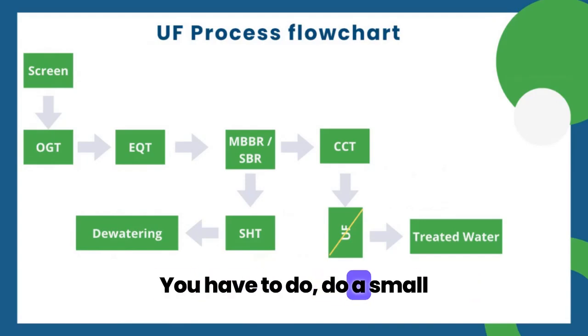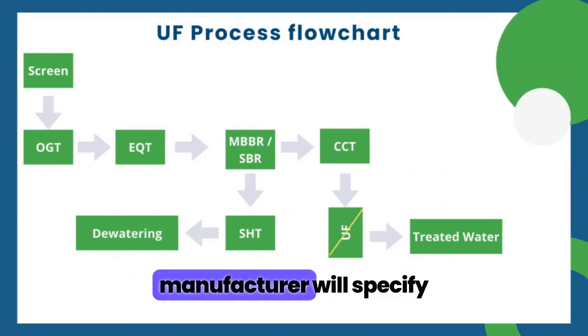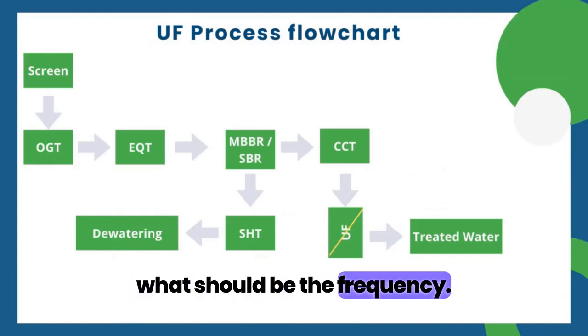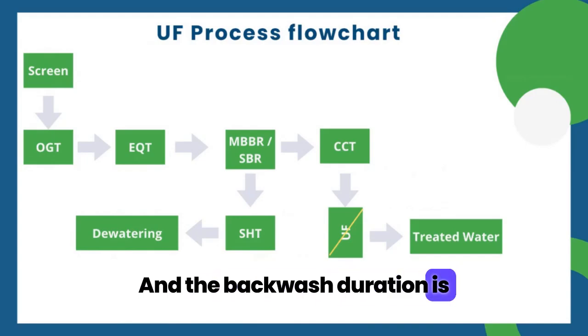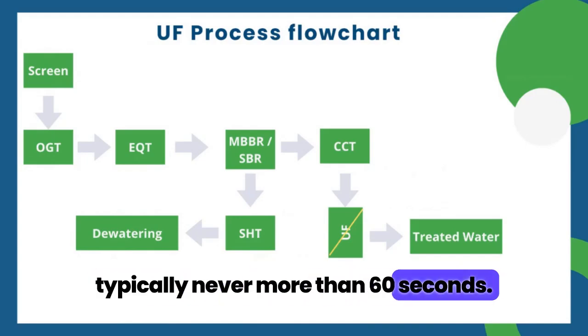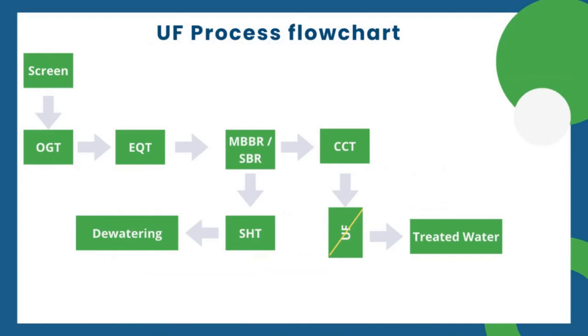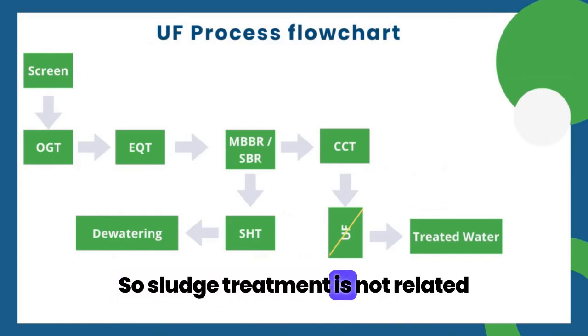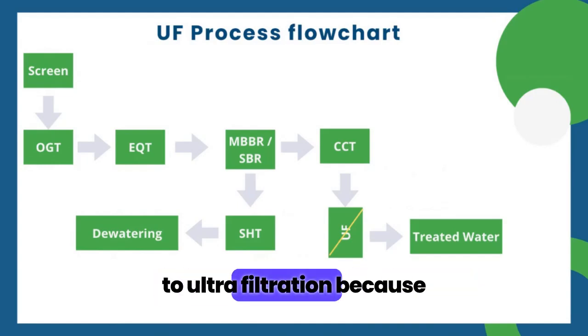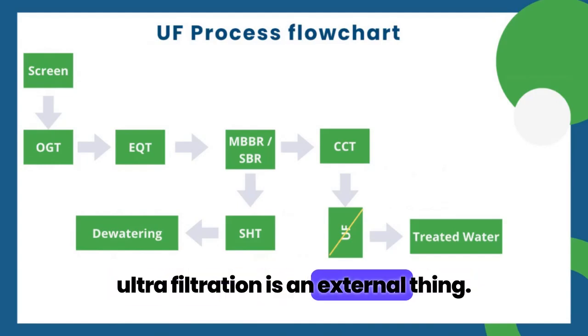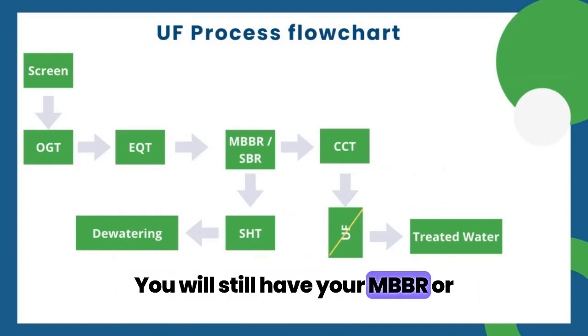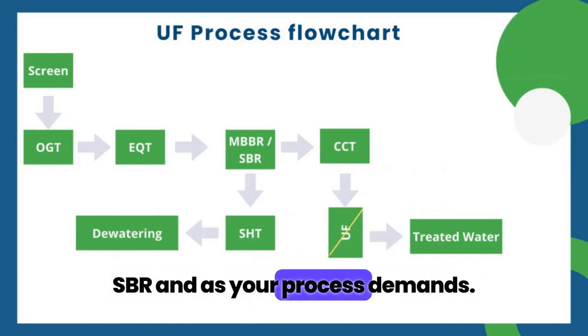You have to do a small test, and then your membrane manufacturer will specify what should be the frequency. And the backwash duration is typically never more than 60 seconds. It can be 30 seconds to 60 seconds in both MBR or UF, right? So sludge treatment is not related to ultrafiltration, because ultrafiltration is an external thing. You will still have your MBBR or SBR as your process demands.